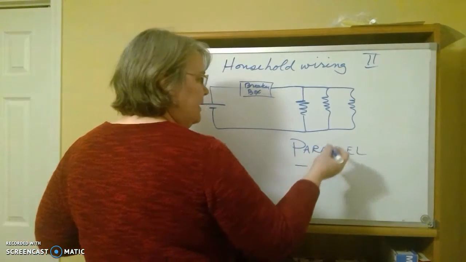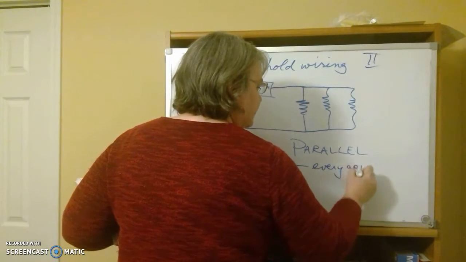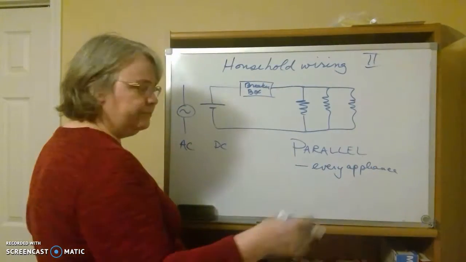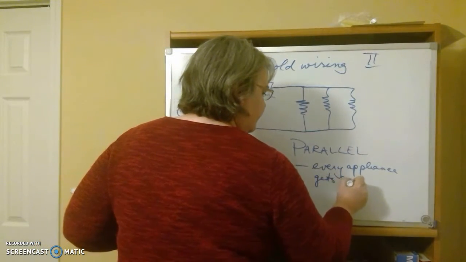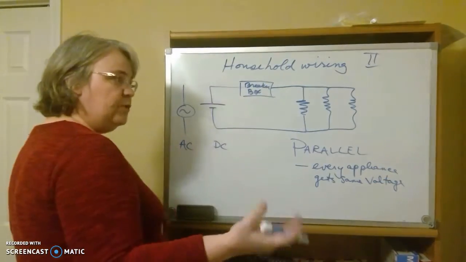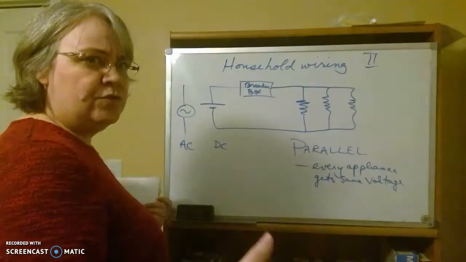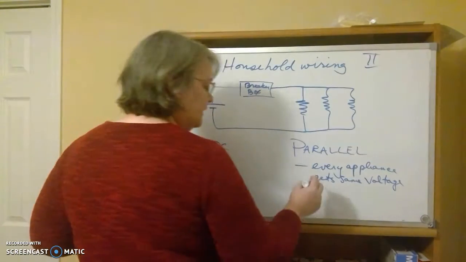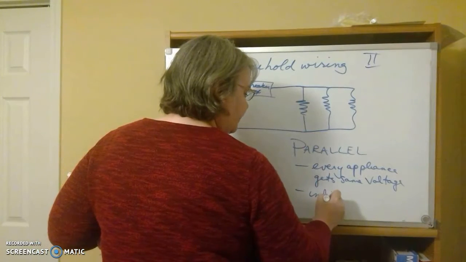Number one is every appliance, lamp, toaster, heater, you name it, gets the same voltage. Which in US households is 110 or 120 volts. In England, it's 240 volts. And secondly is they are individually switchable.